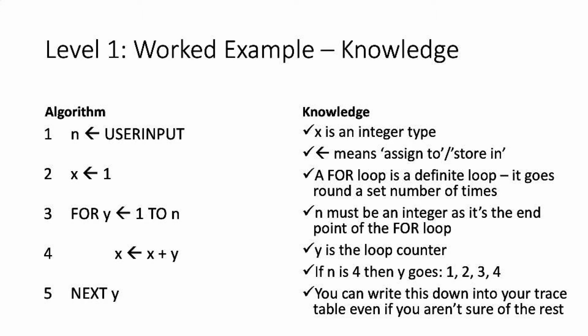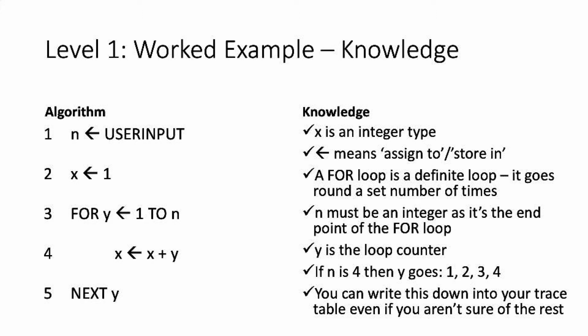N must be an integer because it's the endpoint of the for loop, so we can tell that by looking at the way that the algorithm is constructed on line 3. Y is our loop counter, probably should have given that a better name, but Y will do for now. And what will happen is if we set n to 4, then Y will go 1, 2, 3, 4.